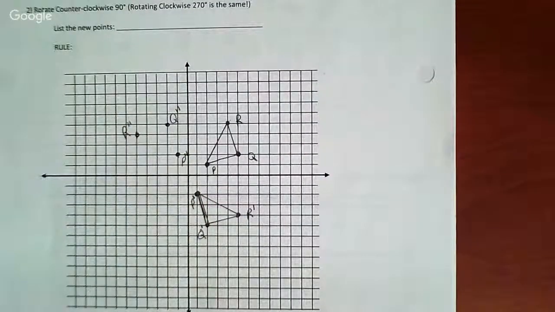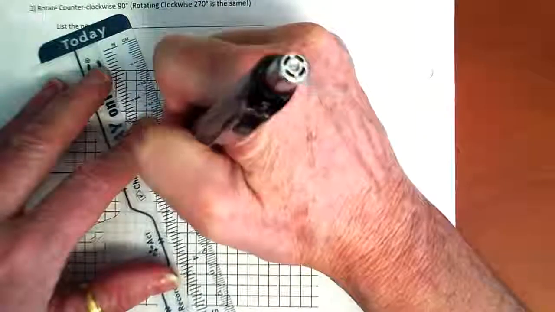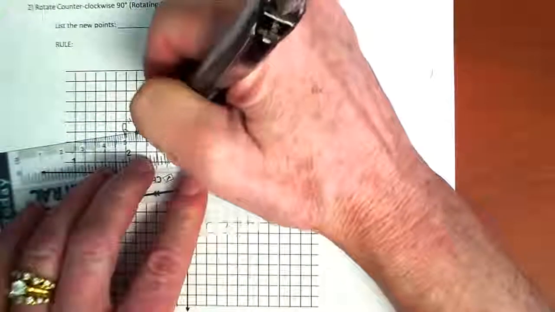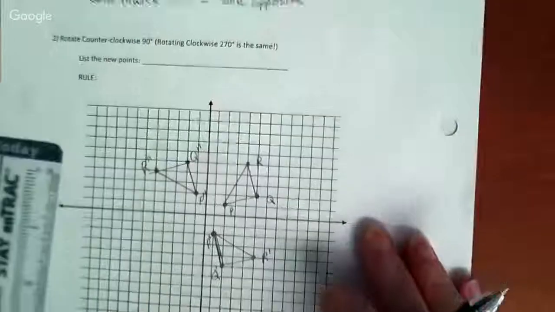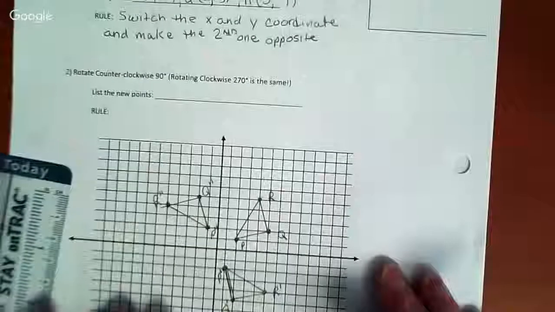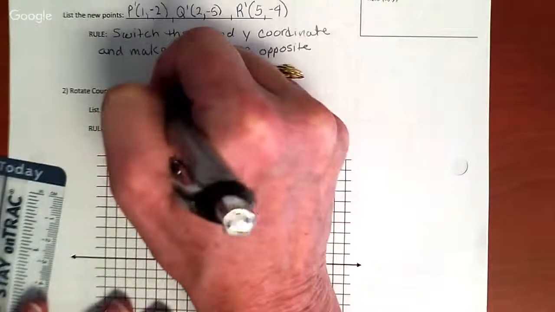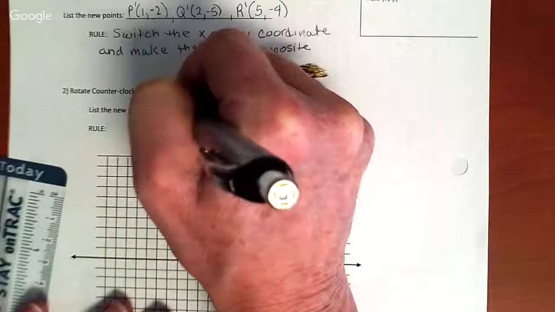So let's draw that. So now our points for that are going to be P double prime is -1, 2.